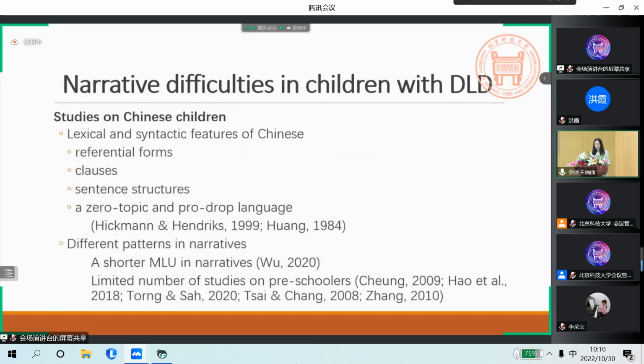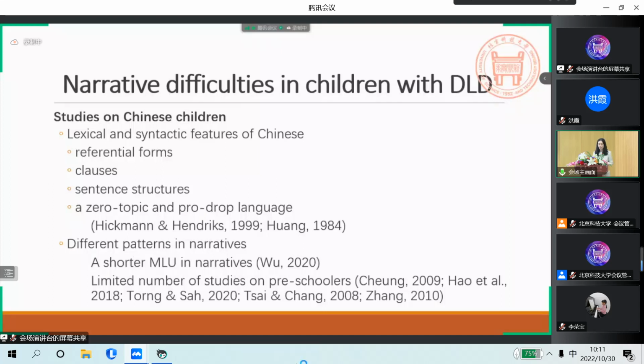About the Chinese language. Chinese has some specific lexical and syntactic features. For instance, about referential forms, we know Chinese nominals usually have no determiners, and for Chinese nouns, we usually add classifiers.